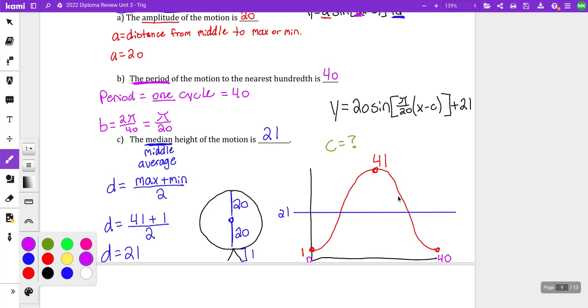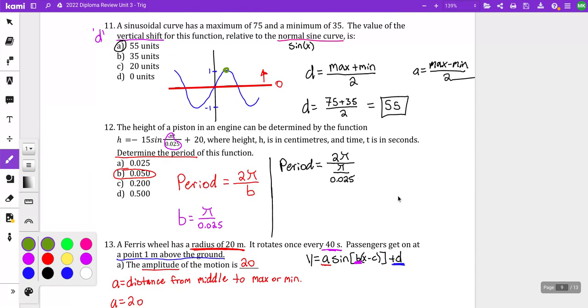Perfect. Since I'm making a sine graph, for my C value, I am looking for a point where I cross the midline and then go up. This right here, this green dot, that was my starting point. If I think about an original sine graph, this was at the origin. It was here, in a basic mother function.